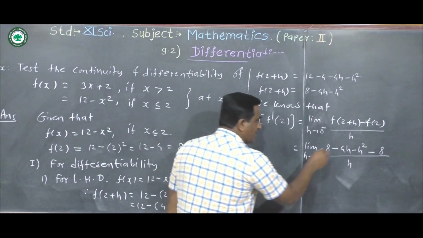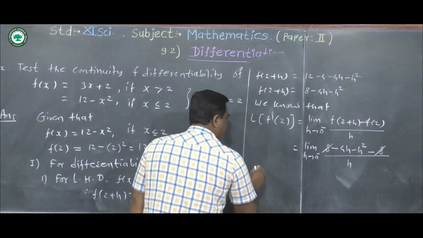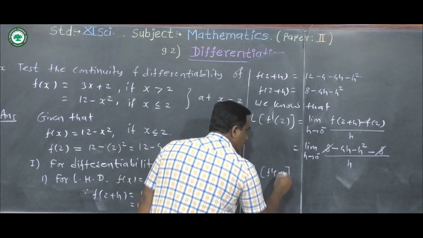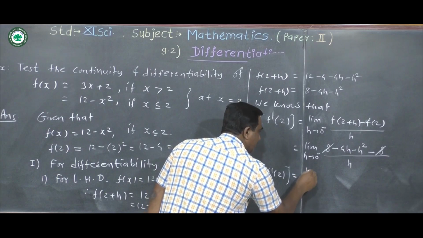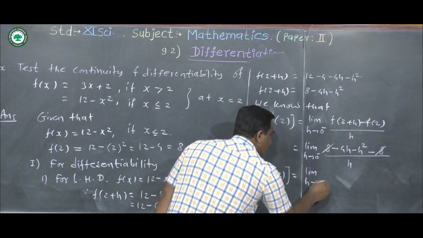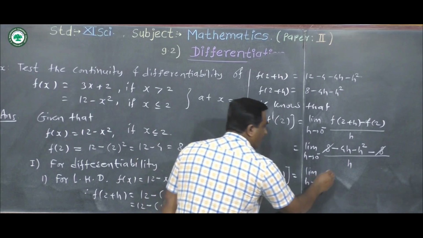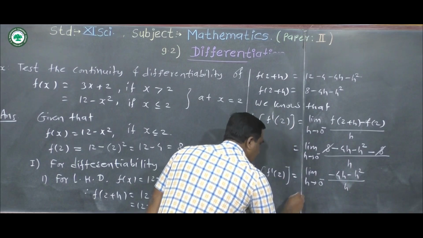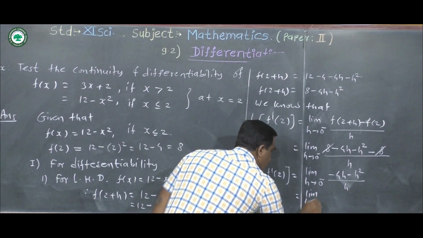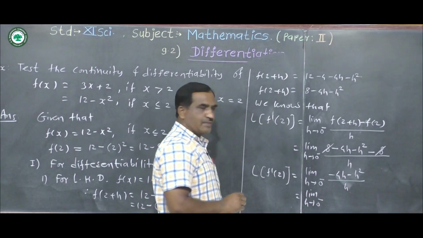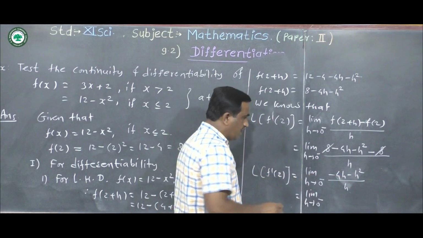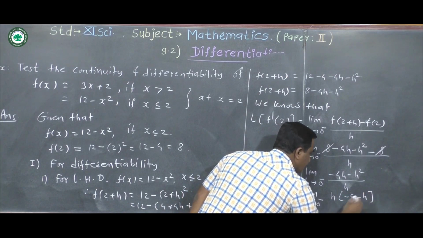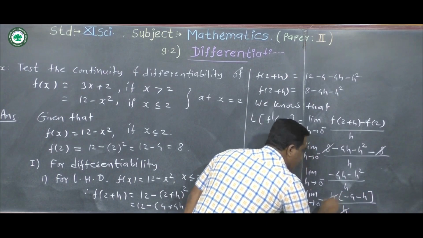Now the 8 minus 8 cancels out. Remains only L of f dash of 2 is equal to limit h tends to 0 from left, minus 4h minus h square upon h. We can take h common: h into (minus 4 minus h) upon h. Now this h cancels.